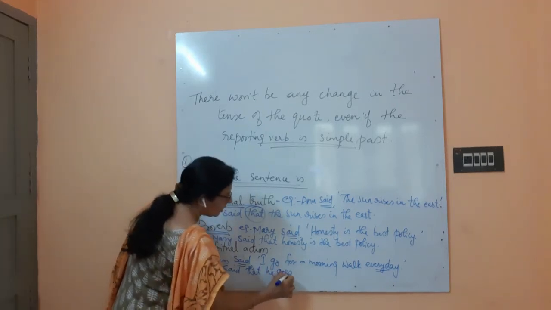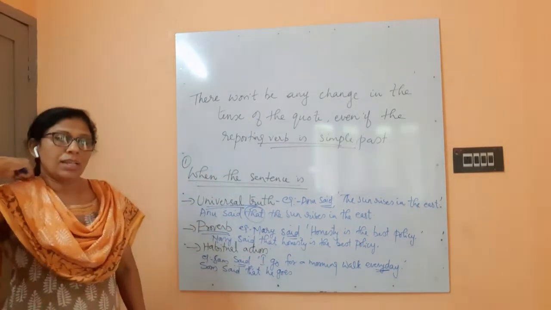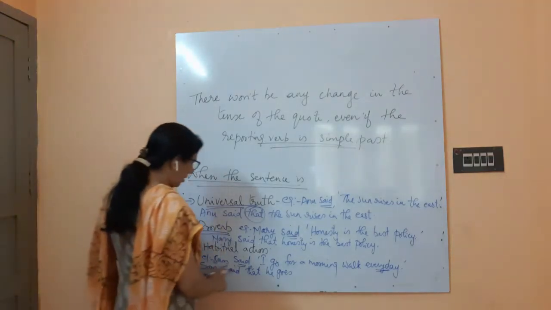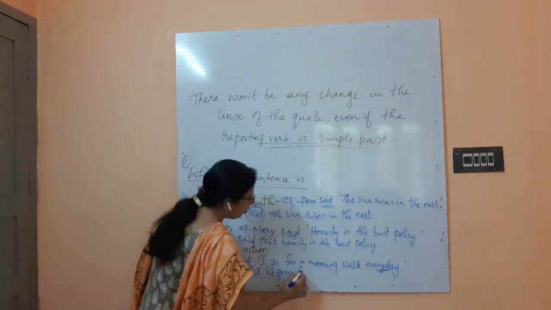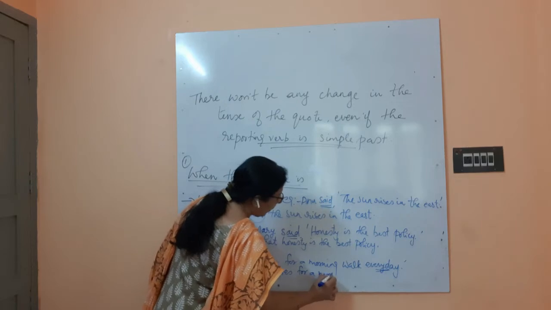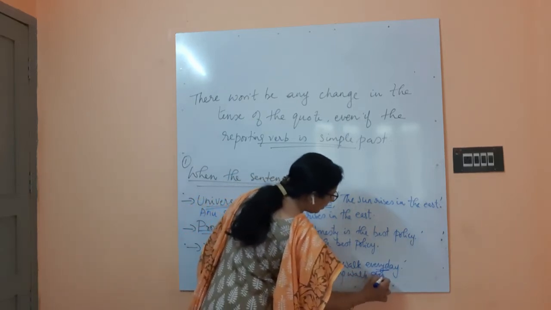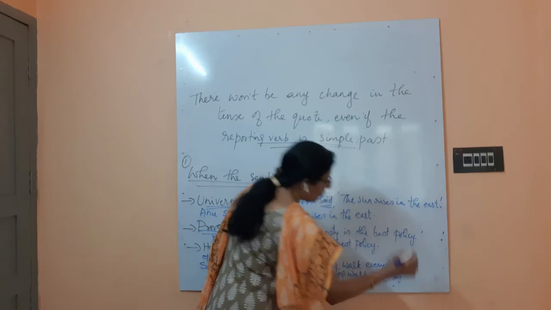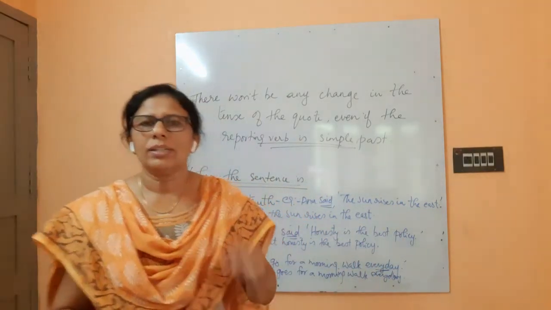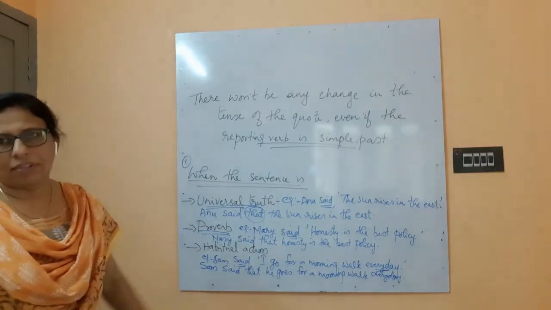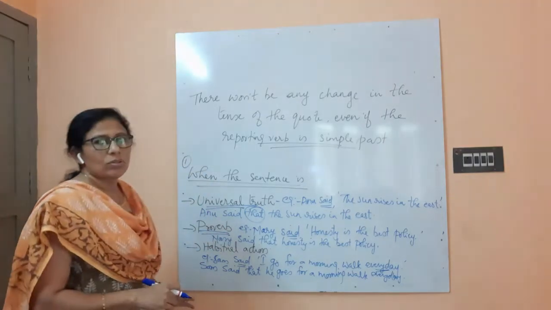It doesn't mean that there is a change in the tense, only subject-verb agreement happened here. Sam said that he goes for a morning walk every day, and full stop. Okay, so this rule also is clear.